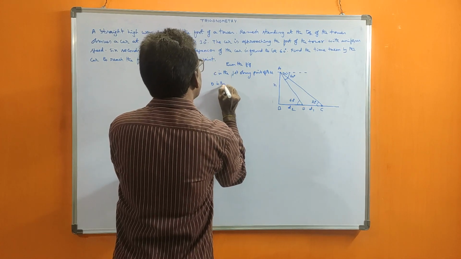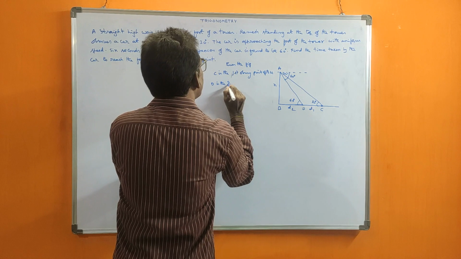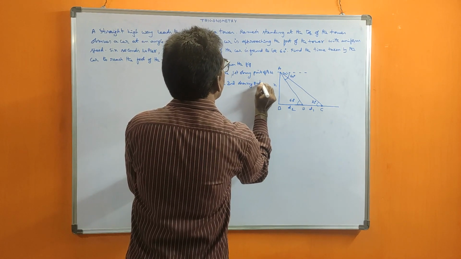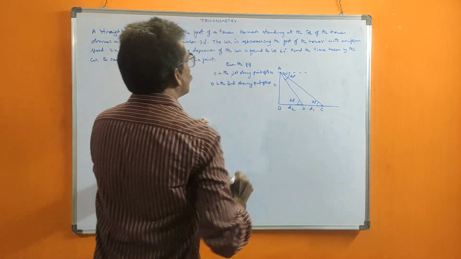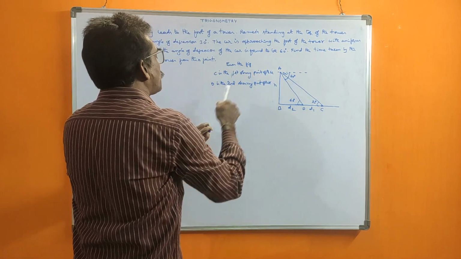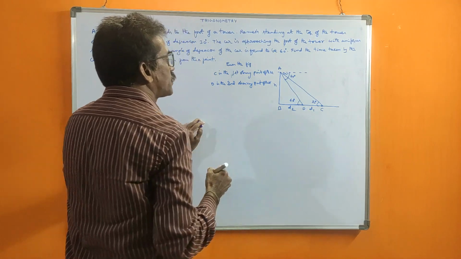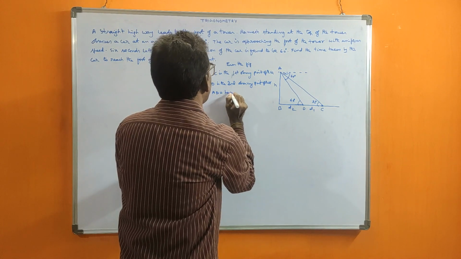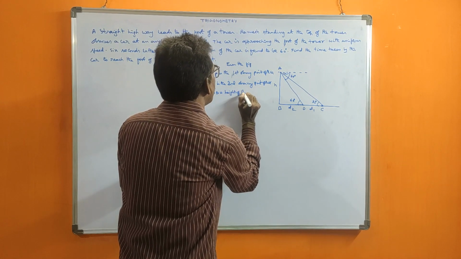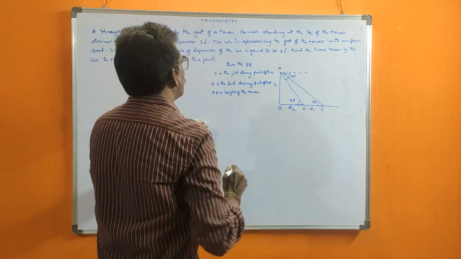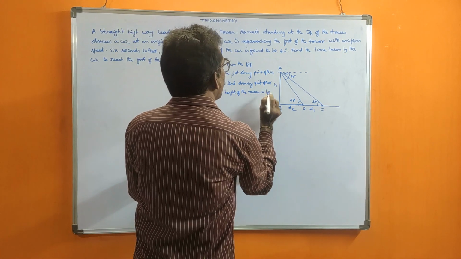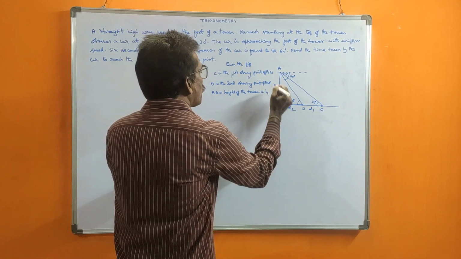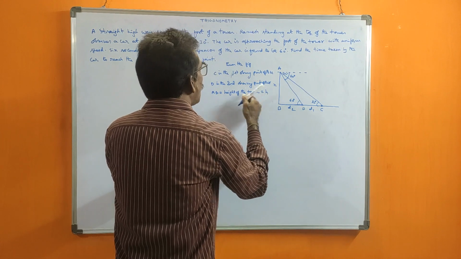C is the first observing point of the car, D is the second observing point of the car. AB is equal to the height of the tower, that is equal to h, we took that one. Okay, now from the figure what we took, that also we should do, right.